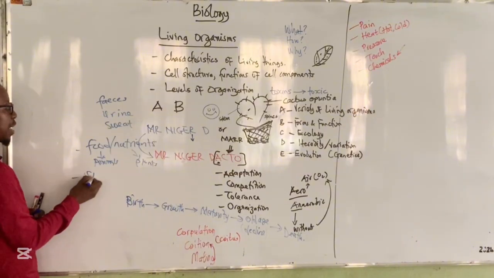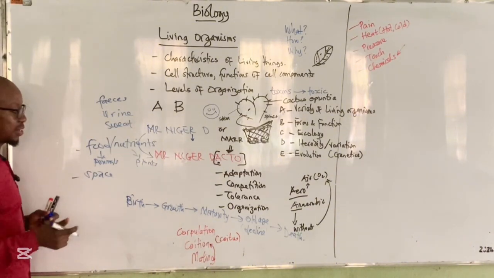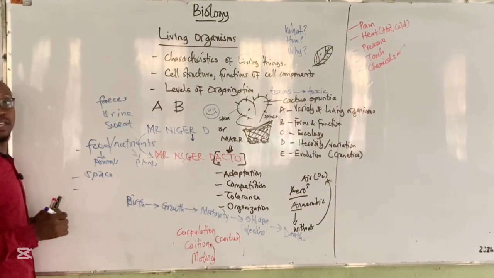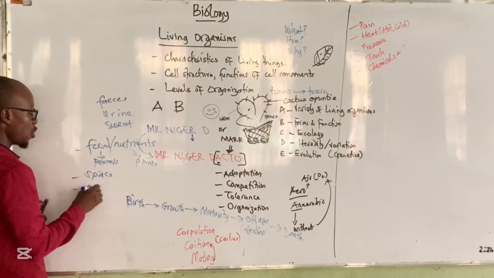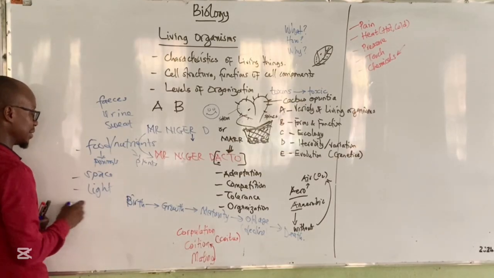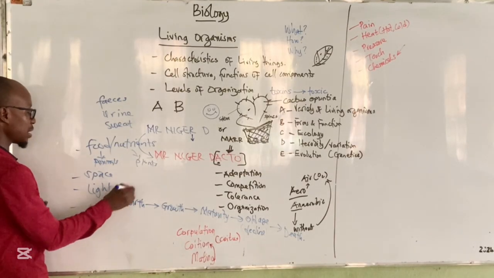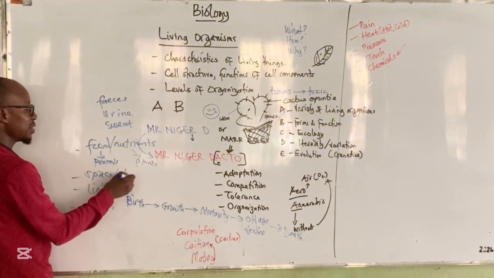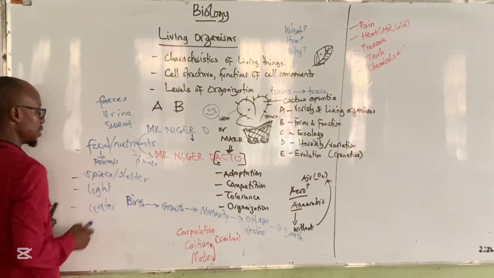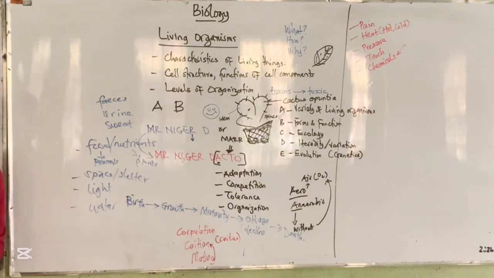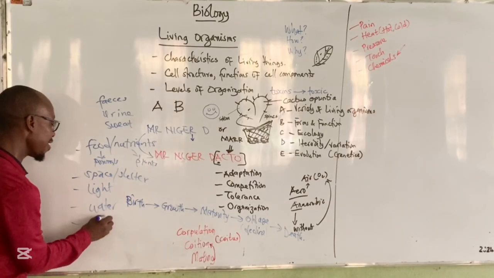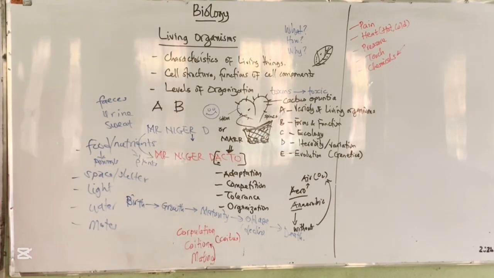So what other things? We could compete for space. Bless you. What else again? Light. Water. Space, shelter, similar thing. What can we also compete for? Mates, right?